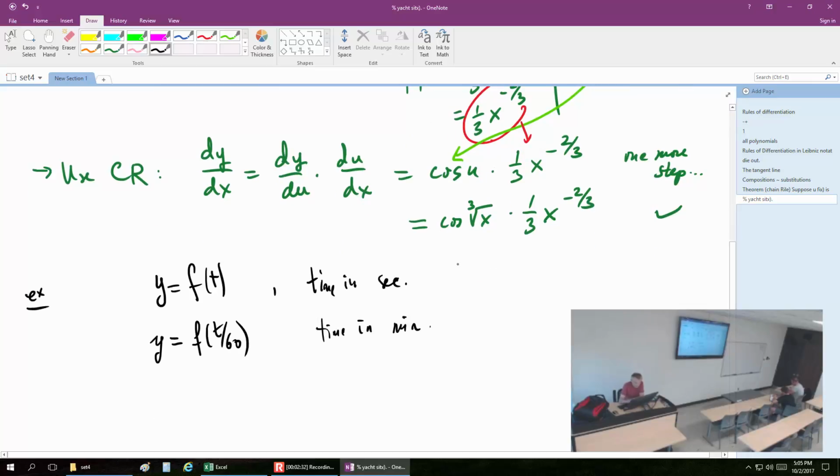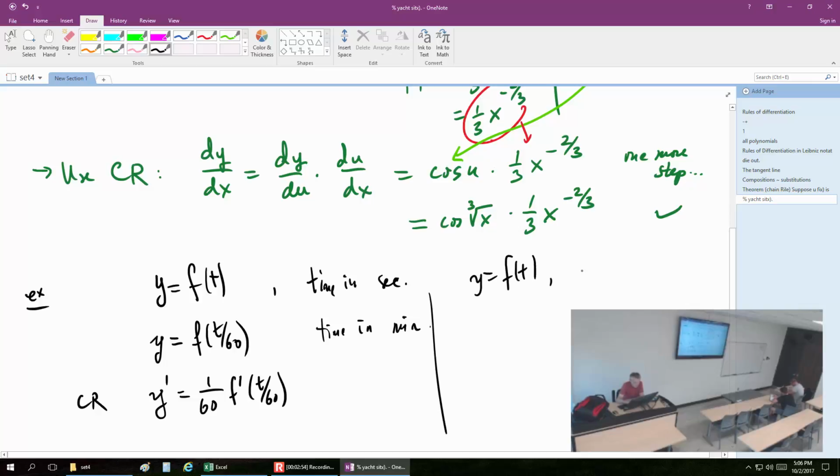Now, when you differentiate, y prime is equal to 1/60th f prime of t over 60 by the chain rule. Okay. Similarly, y equals f of t, location in inches.